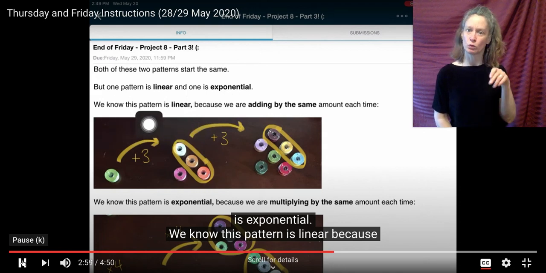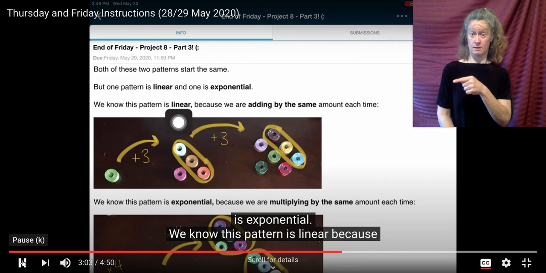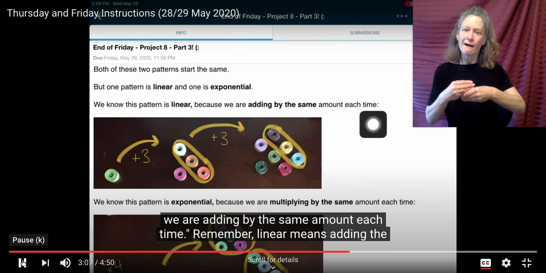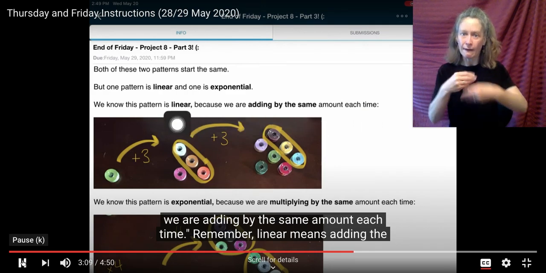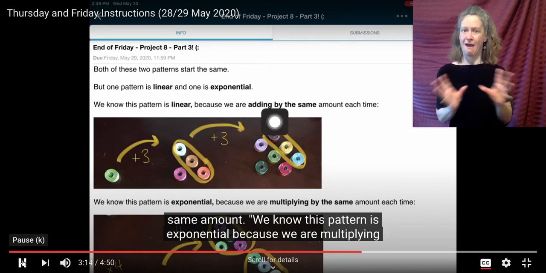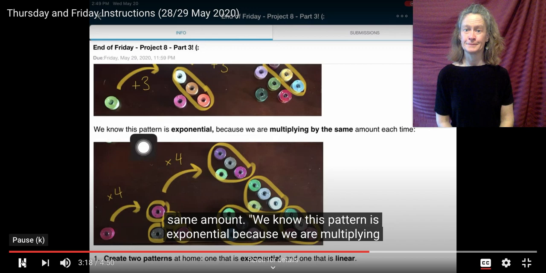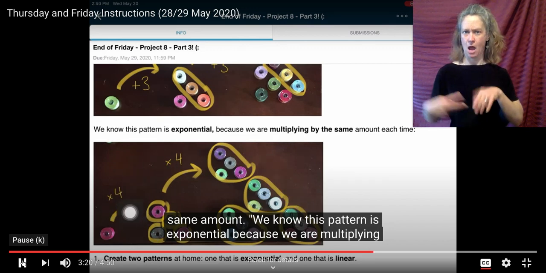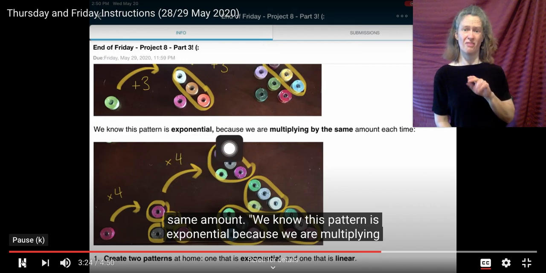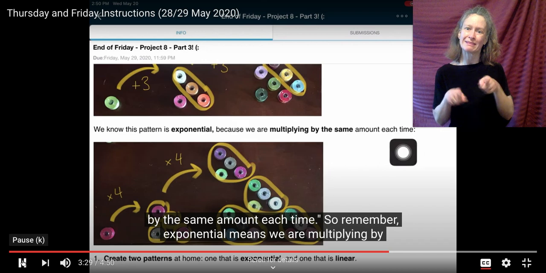We know this pattern is linear because we are adding by the same amount each time. Remember, linear means adding the same amount. We know this pattern is exponential because we are multiplying by the same amount each time.